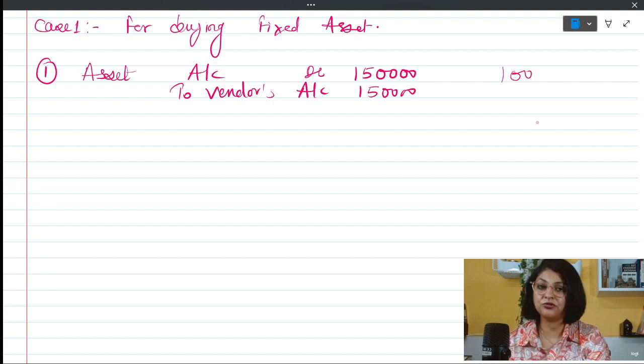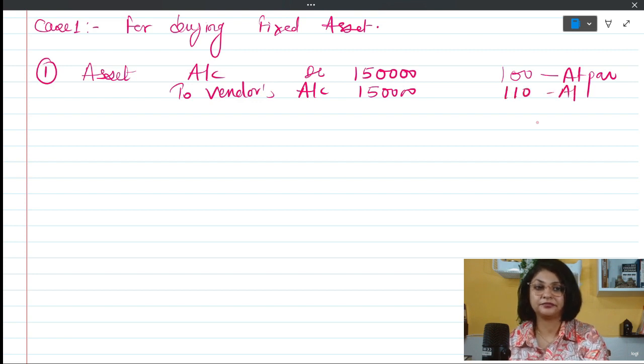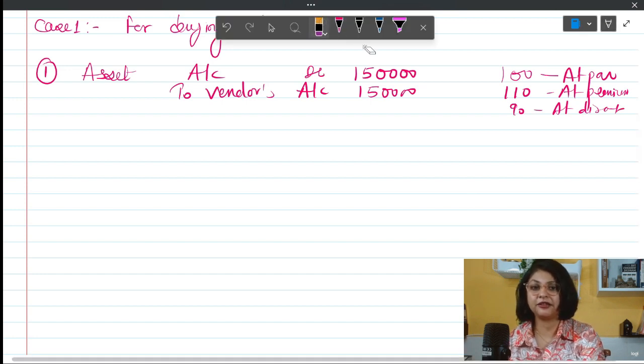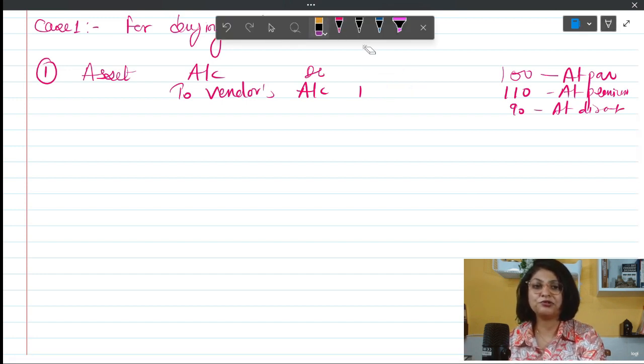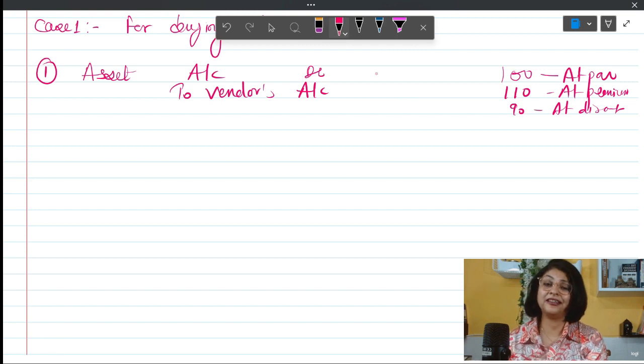We can issue the debenture at par, we can issue the debenture at premium, and we can issue the debenture at discount. I'm not taking the figures right now because I don't want to take you into the intricacy of calculation at this point of time. First of all, I want you all to understand the flow of entries.